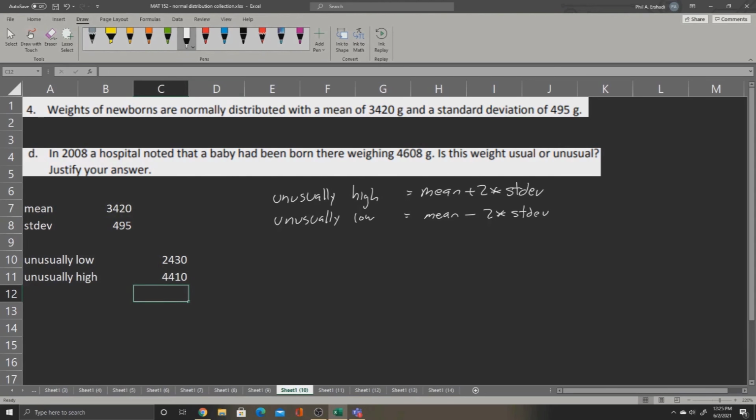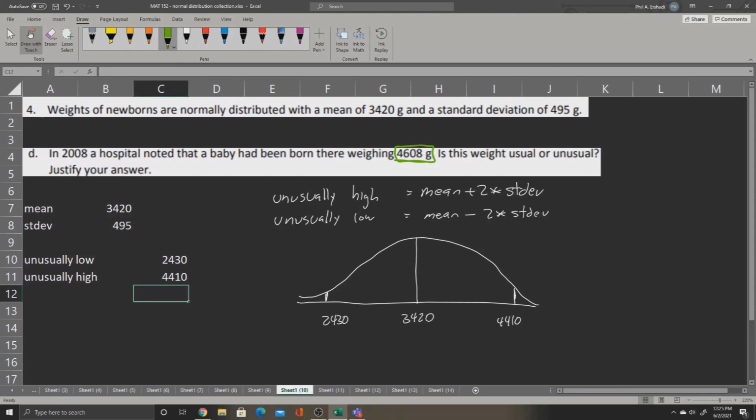Now let's draw a picture based on this. We'll draw our bell curve. Our mean was 3,420. Our unusually low value was 2,430, and our unusually high value was 4,410. The baby in question is 4,608. Now 4,608 is definitely higher than 4,410. That would appear over here.